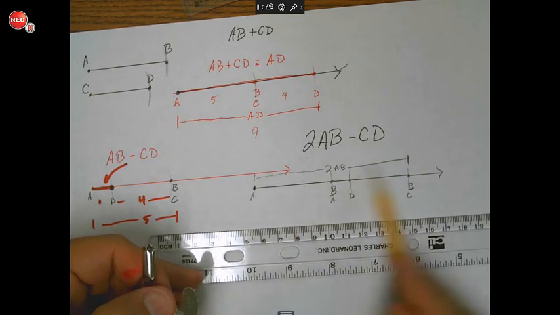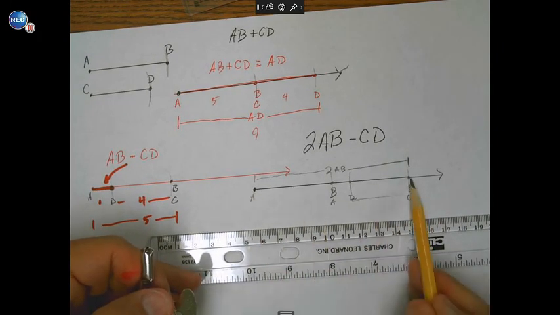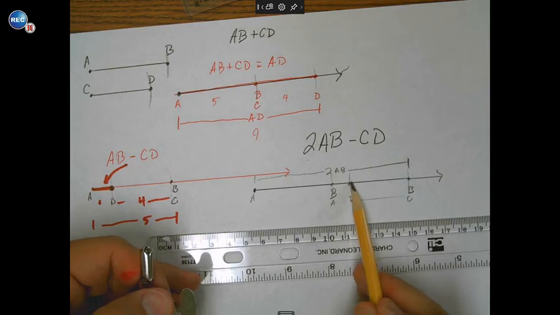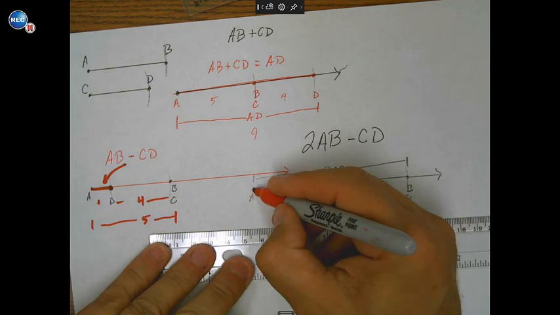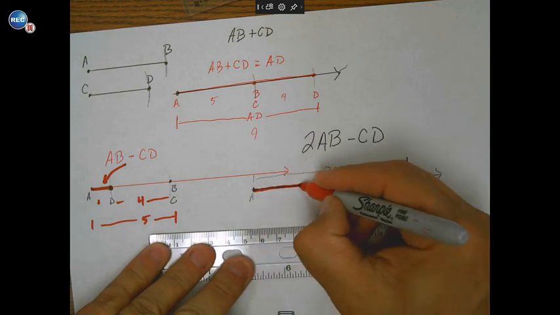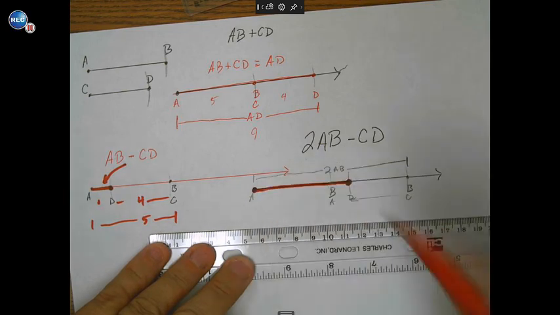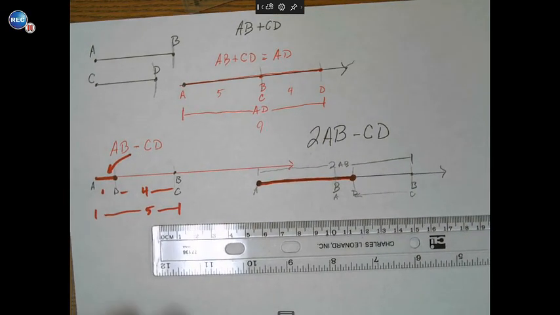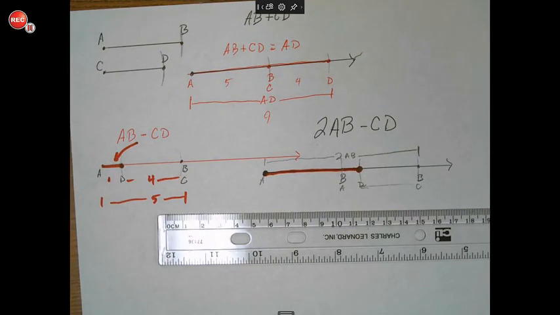So I went 2AB out, and I went backwards CD, kind of like on a number line, out and back. And so the remaining portion, let me outline it in red. That part of the segment represents 2AB minus CD. Okay, does that make sense? Yeah. Great job. Let's do another one.